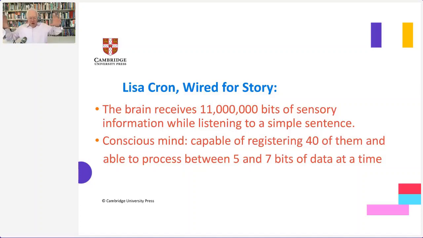So we have this enormous discrepancy: when we are listening to a story, there is so much sensory information, but it is actually story that helps us focus on what is really important there.